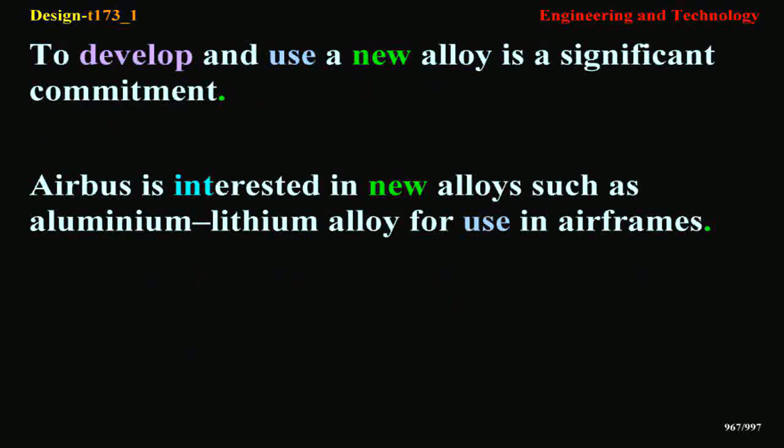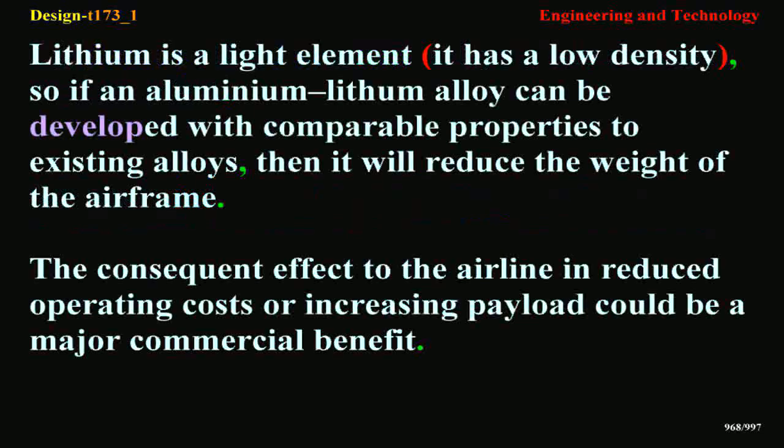Airbus is interested in new alloys such as aluminum lithium alloy for use in airframes. Lithium is a light element, it has a low density, so if an aluminum lithium alloy can be developed with comparable properties to existing alloys, then it will reduce the weight of the airframe. The consequent effect to the airline on reduced operating costs or increasing payload could be a major commercial benefit.